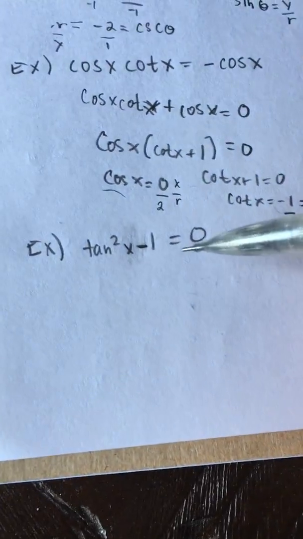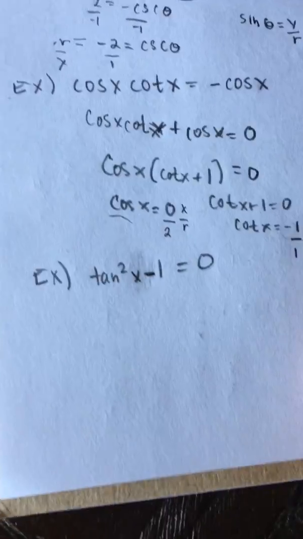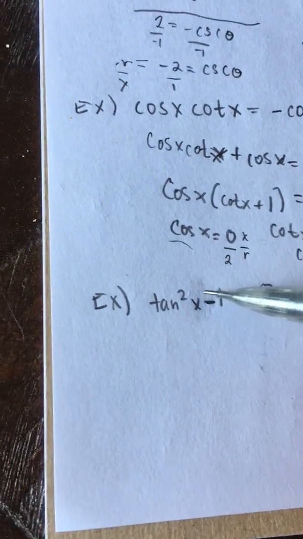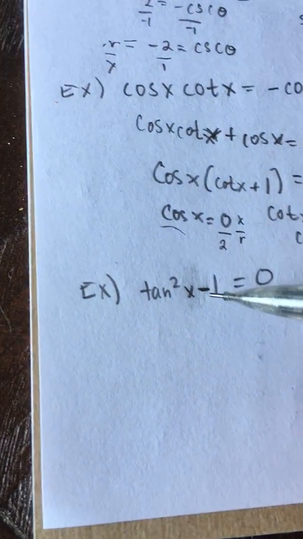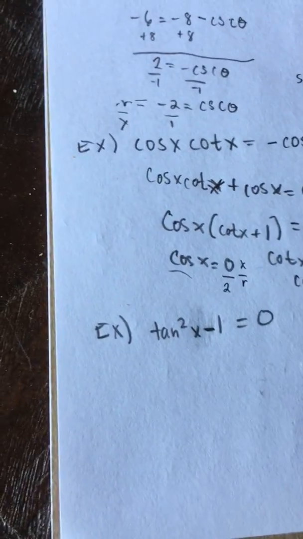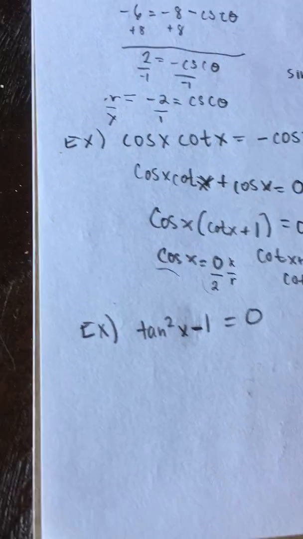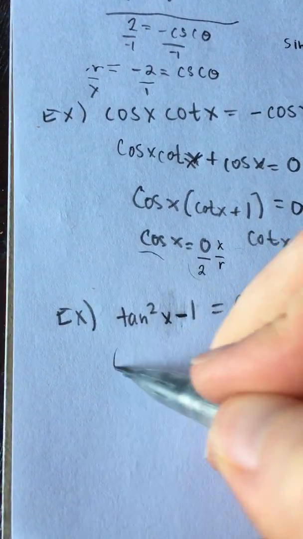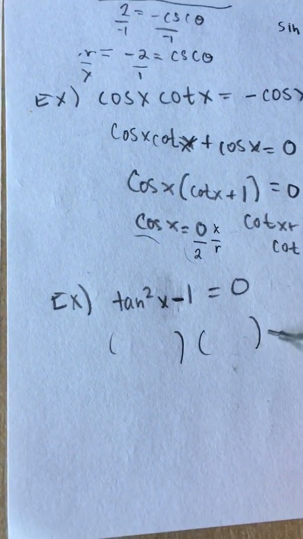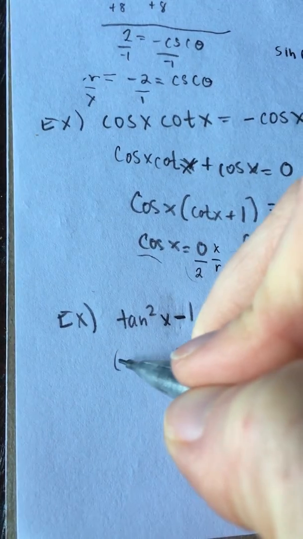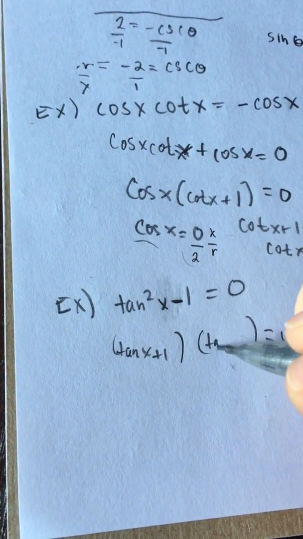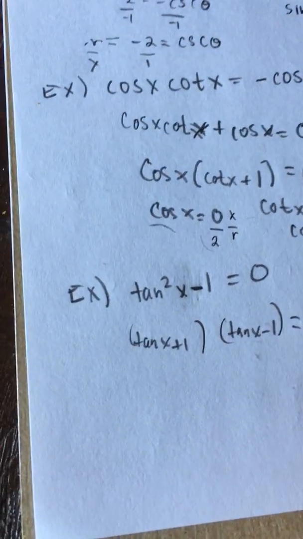Okay, and the final example, sorry about that. We are going to again see that this is quadratic, and so I have to solve a quadratic, and typically we solve quadratics using factoring, which is what we saw here as well. I see that this is the difference of squares, so I'm going to use the sum and difference property. And so I'm going to use tan x plus 1 and tan x minus 1.